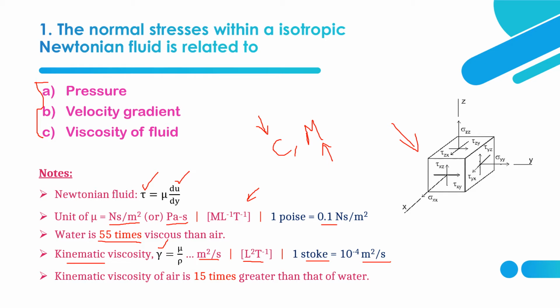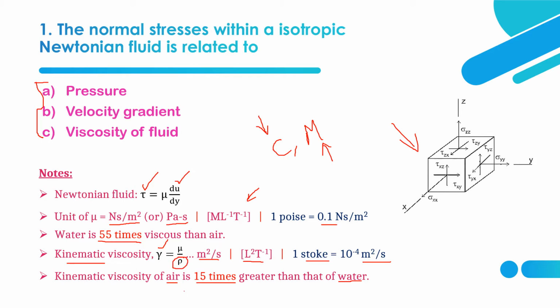When we compare kinematic viscosity of air and water, kinematic viscosity of air is more, 15 times greater than that of water. But in the case of dynamic viscosity, water is greater, and in kinematic viscosity, air is greater by 15 times, because in this formula we divide by density.